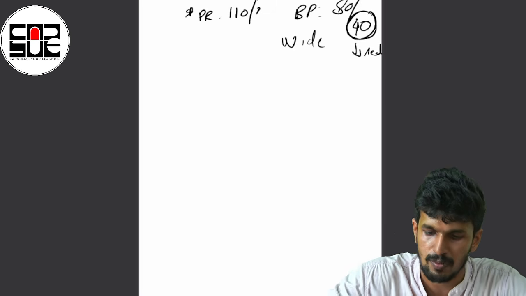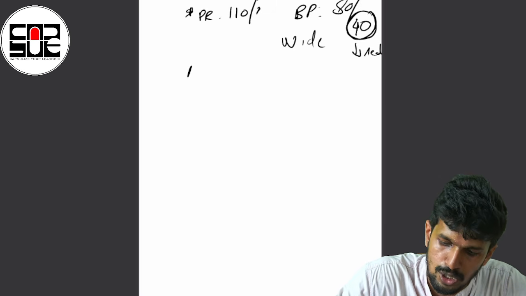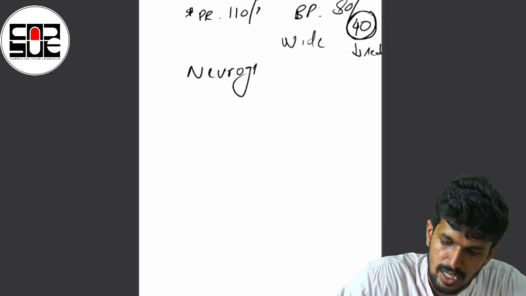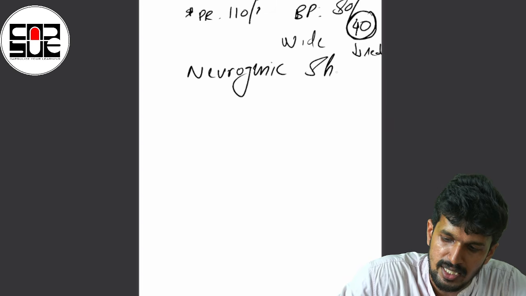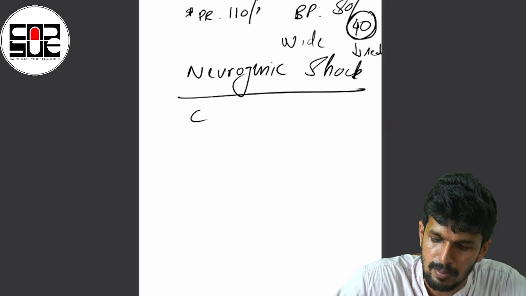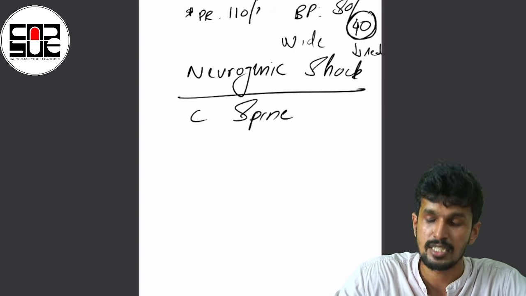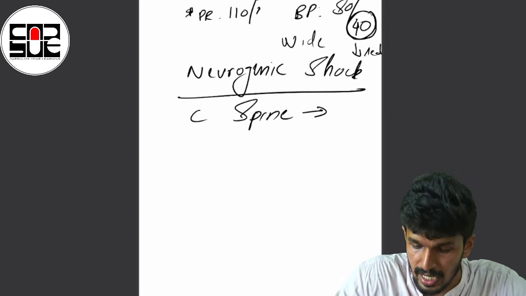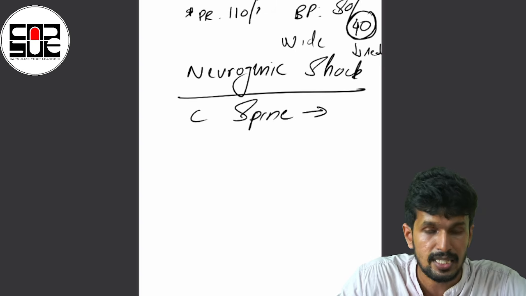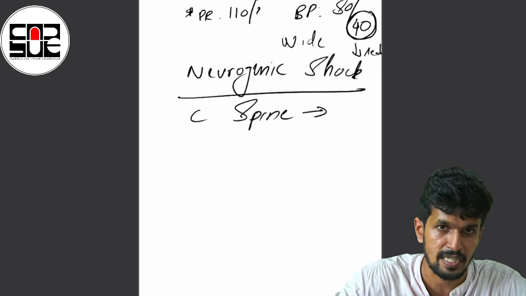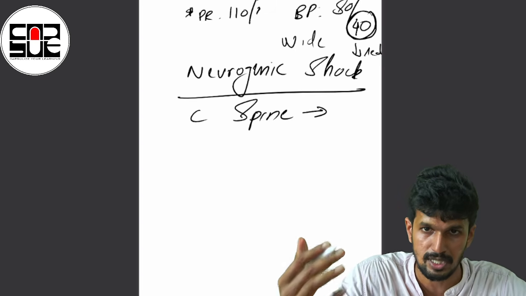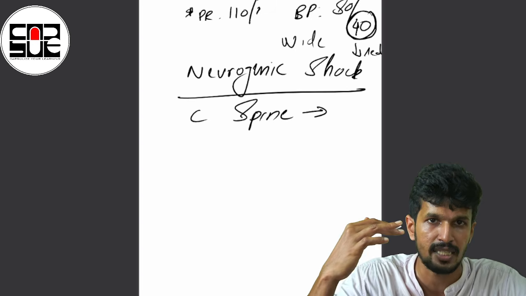As you can understand from what I told, in neurogenic shock, if the spine, predominantly the C-spine, is getting involved, when a hyperextension injury is seen involving the neck, what do you expect? We expect that the neurogenic pathways are getting affected. That is, sympathetic stimulation, which is supposed to bring about tachycardia, is getting affected.